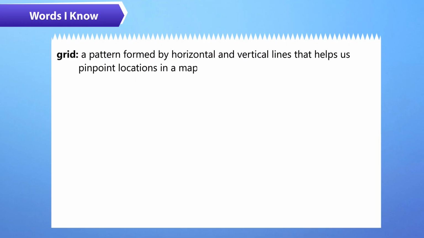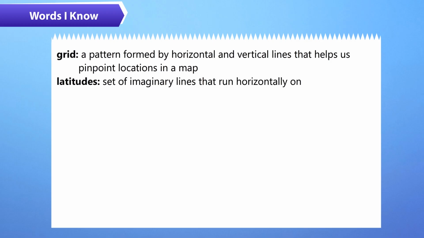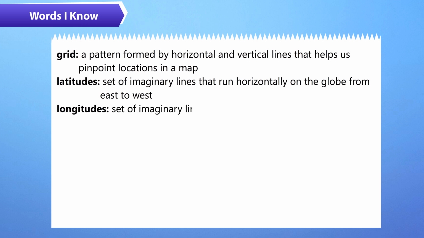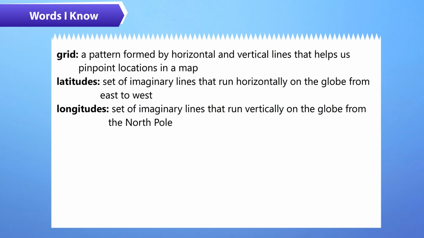Grid: a pattern formed by horizontal and vertical lines that helps us pinpoint locations in a map. Latitudes: set of imaginary lines that run horizontally on the globe from east to west. Longitudes: set of imaginary lines that run vertically on the globe from the North Pole to the South Pole.